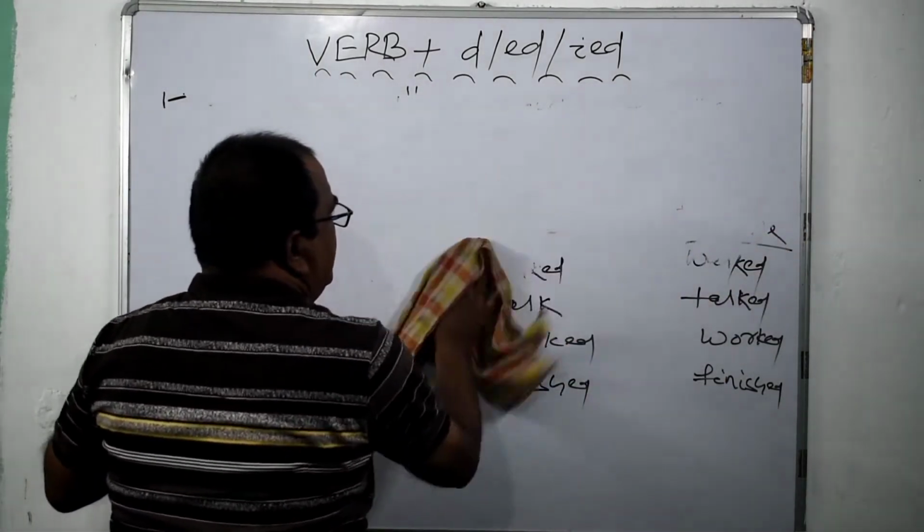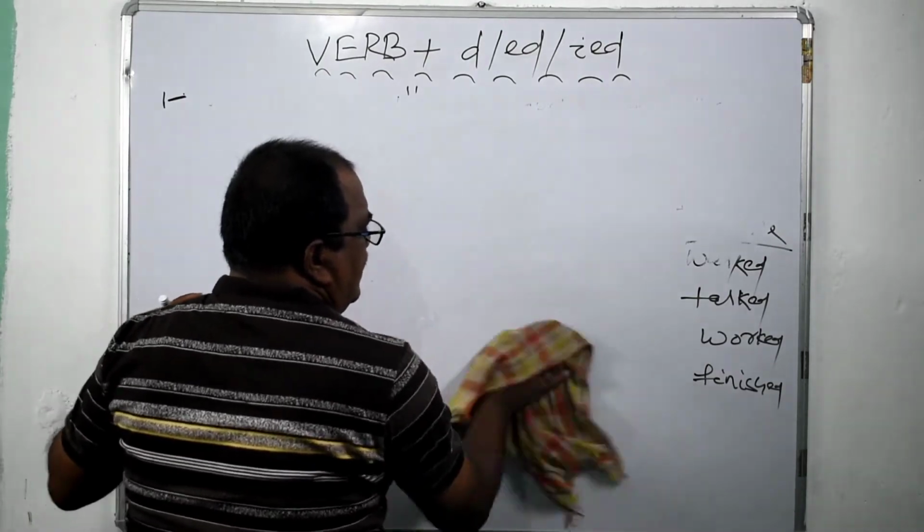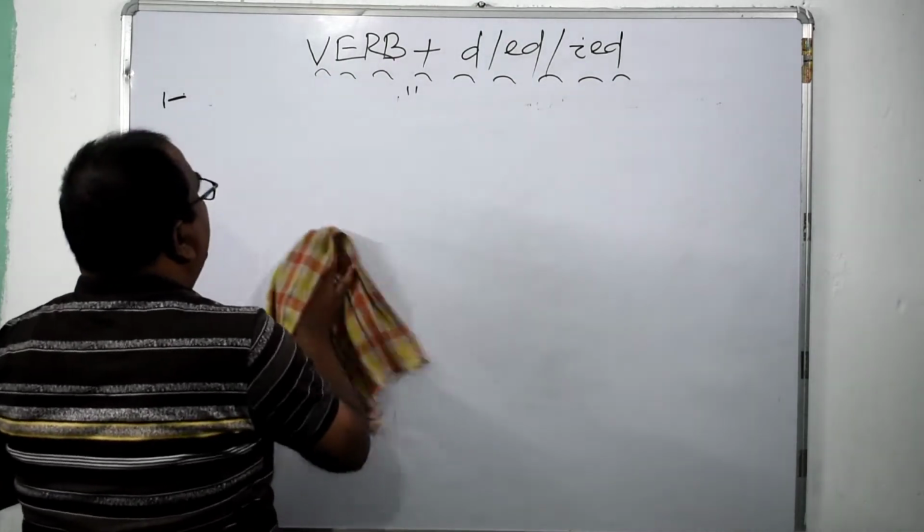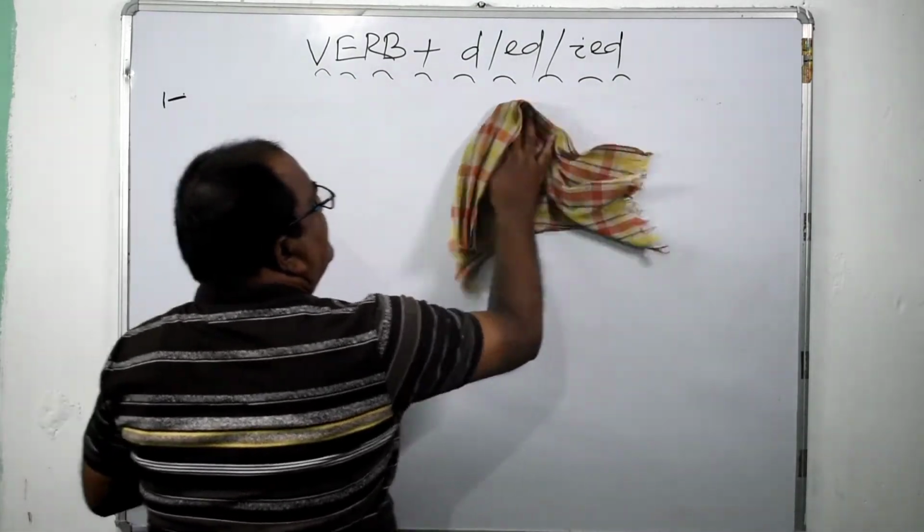How ed or d or ied is added to the present form to make the past and past participle forms.